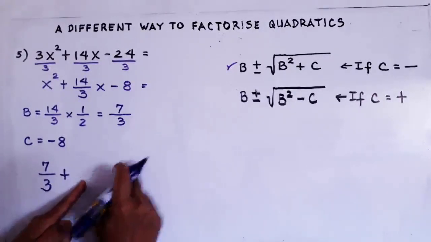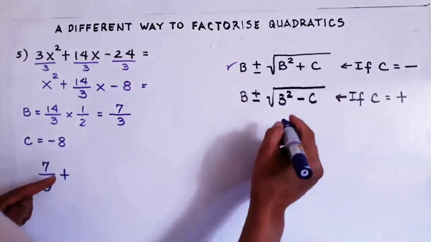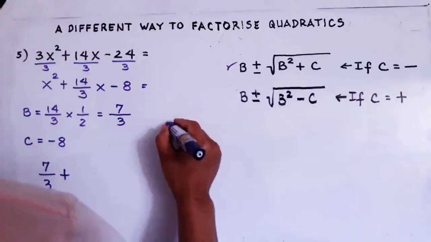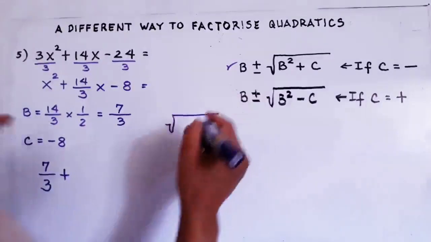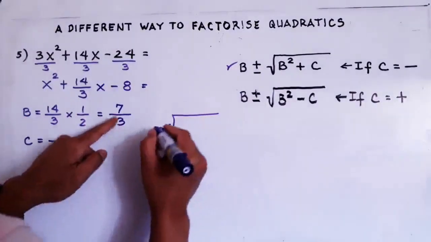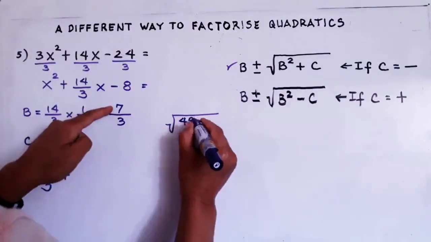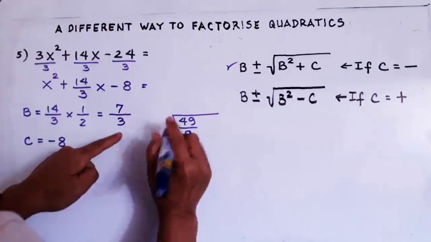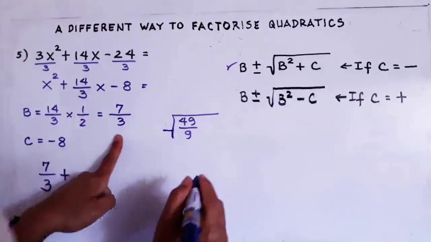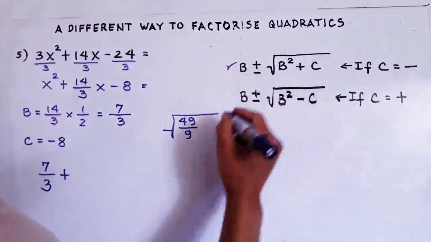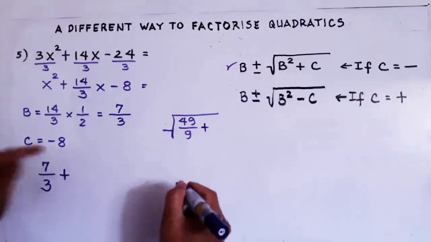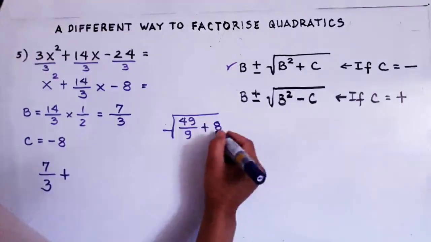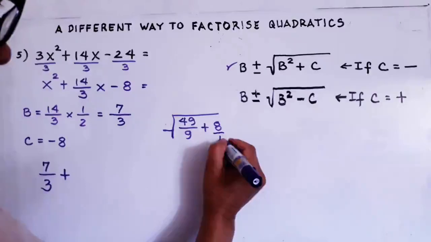Let's compute first for the value of b squared plus c. Okay, so let's set square root here. B is squared here, 7 times 7 is 49, and 3 times 3 is 9. And then plus, we add the 8, because we change the sign. Actually that is 8 over 1.